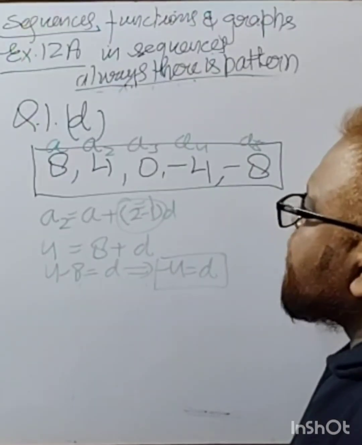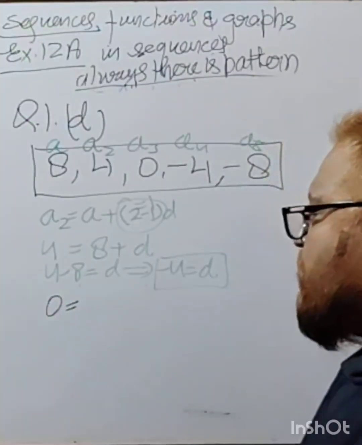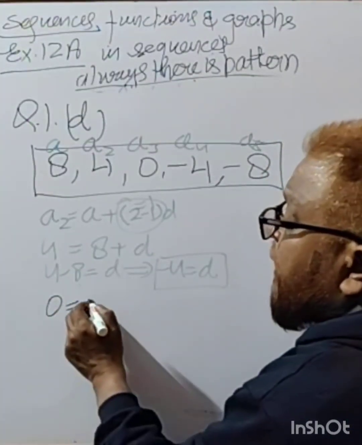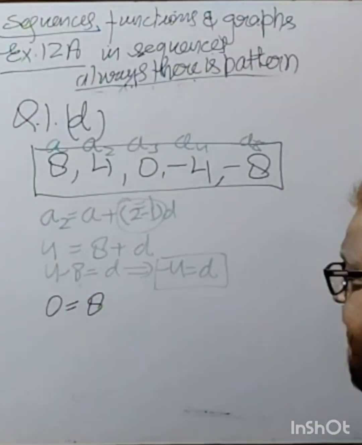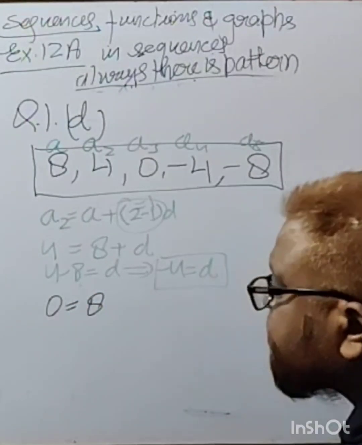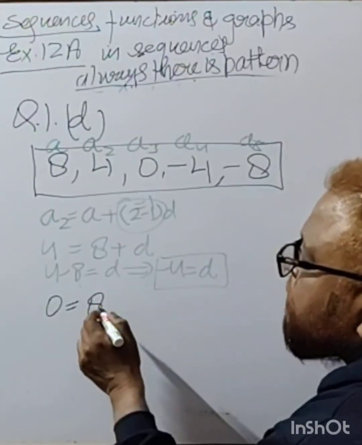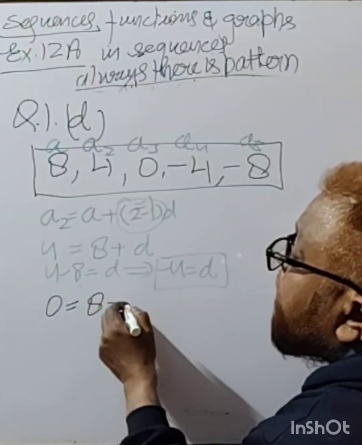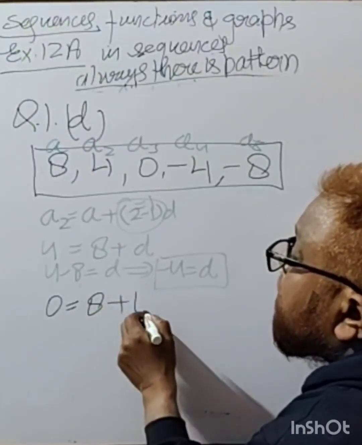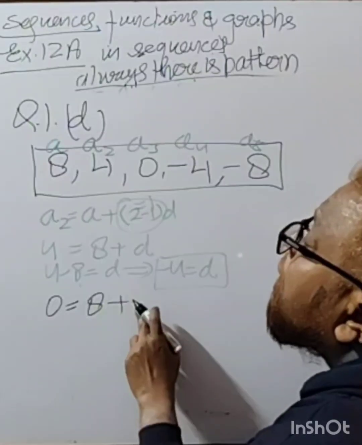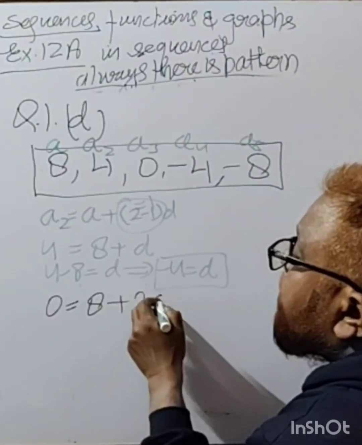In the second, if I go to A3, 0 is equal to 8 plus 2D.